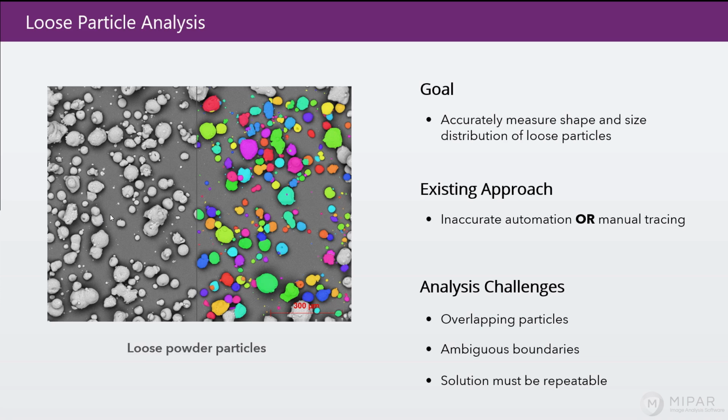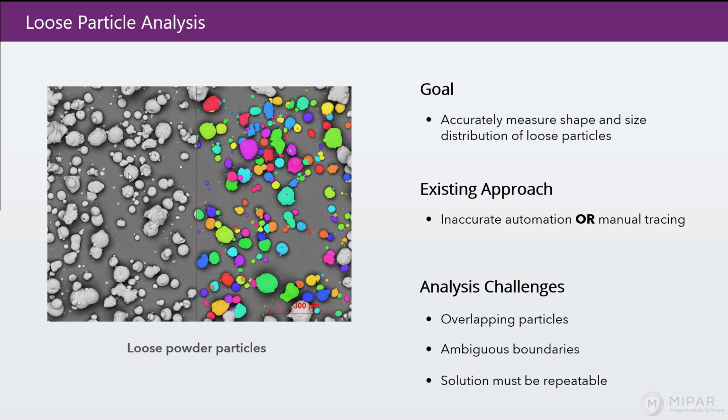And for those of you who have experimented with traditional image analysis approaches, that can often be very difficult to accommodate. Using separation tools like Watershed will often separate features like this as often as it will separate ones like this.